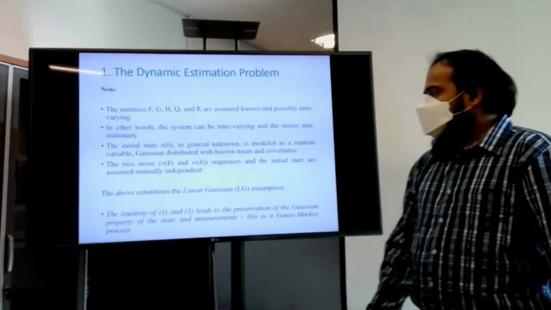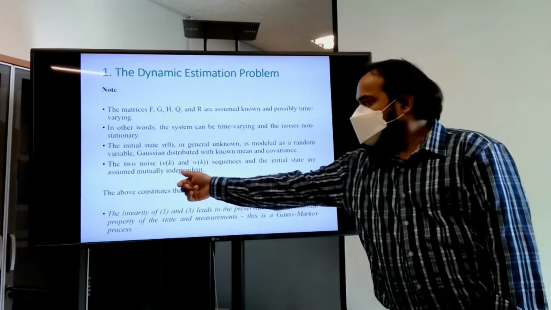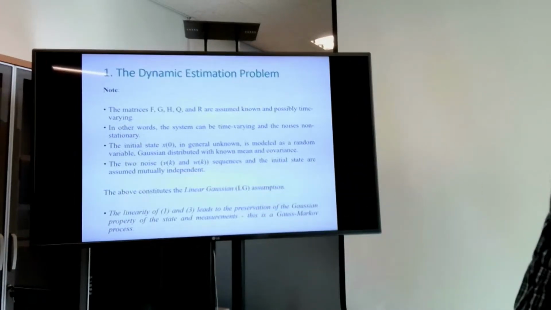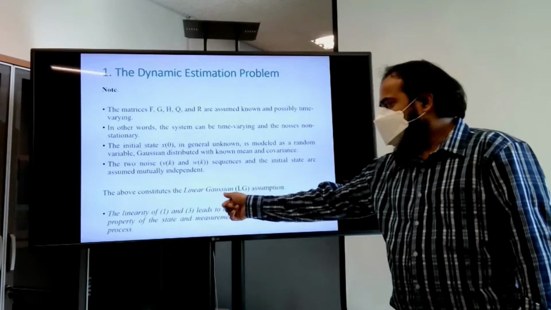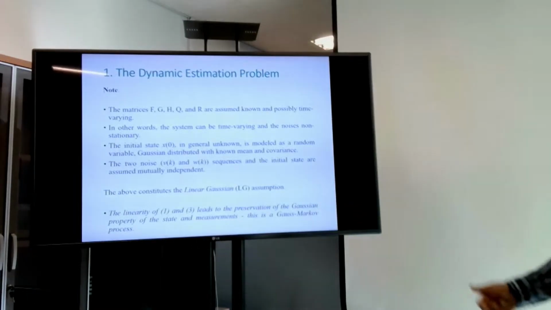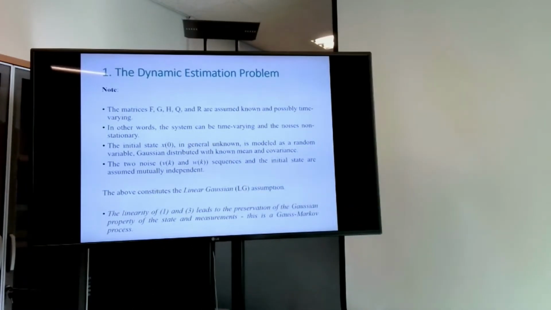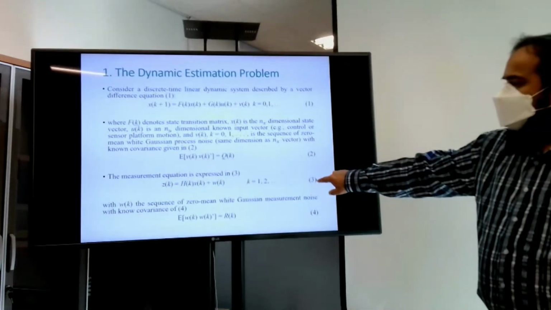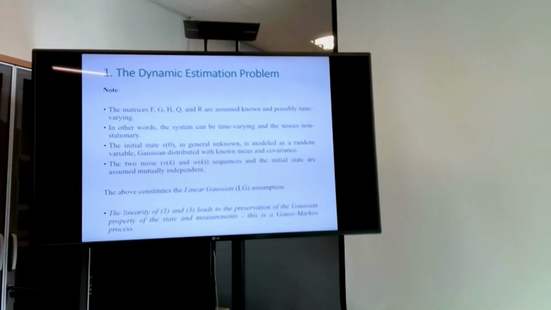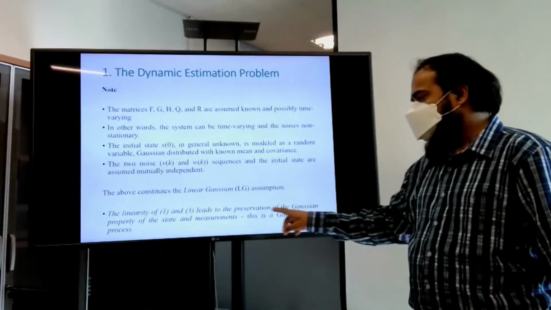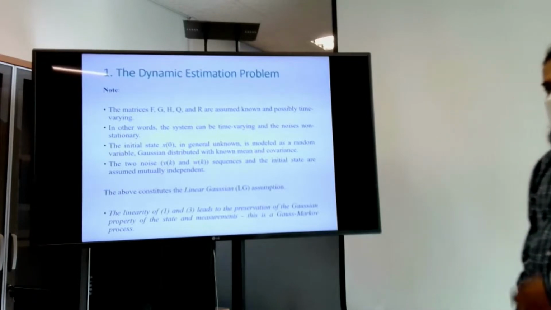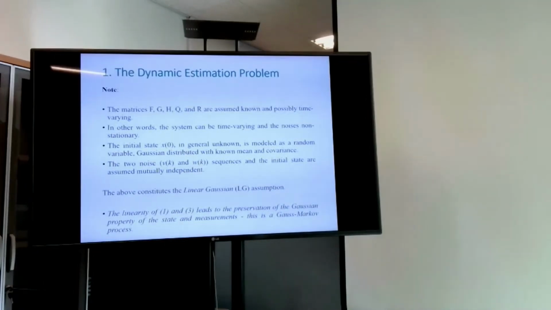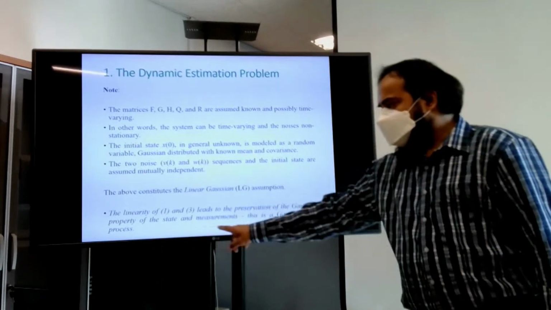The noise sequences vk and wk and the initial state are assumed mutually independent. The above constitutes what is called the linear Gaussian assumption, and the linearity in equations 1 and 3 leads to preservation of the Gaussian property of the state and the measurement. This is called the Gauss-Markov process.